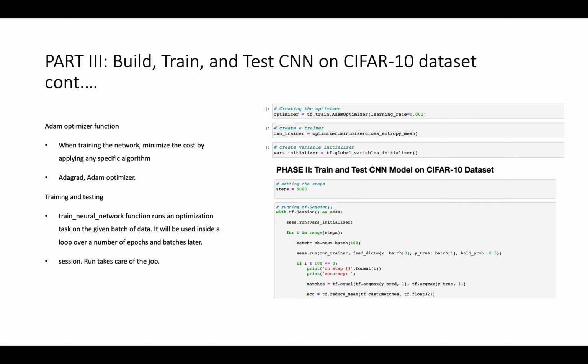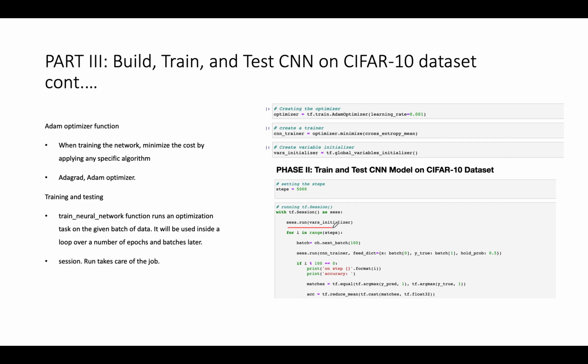In phase 2, the step is to train and test the CNN model. This function runs an optimization task on the given batch of data. It will be used inside the loop over a number of epochs and batches. Session run is the command that takes care of the job.